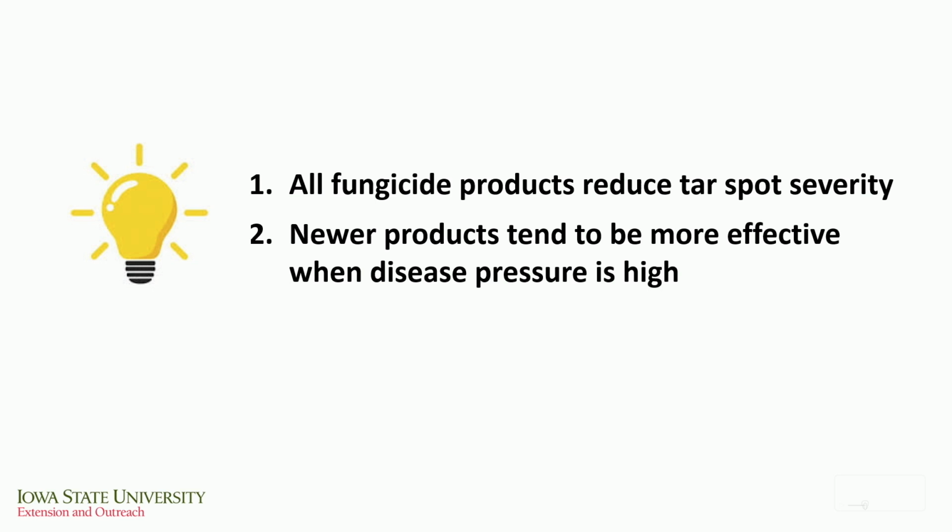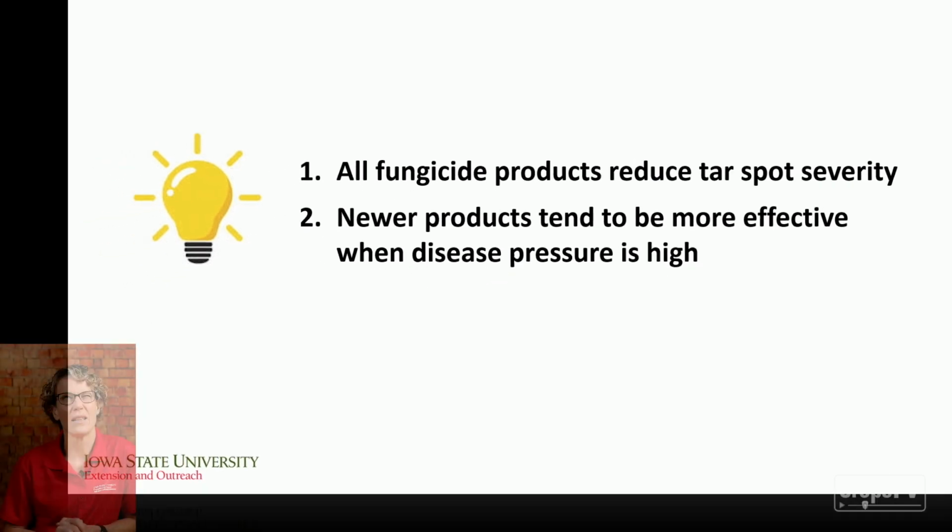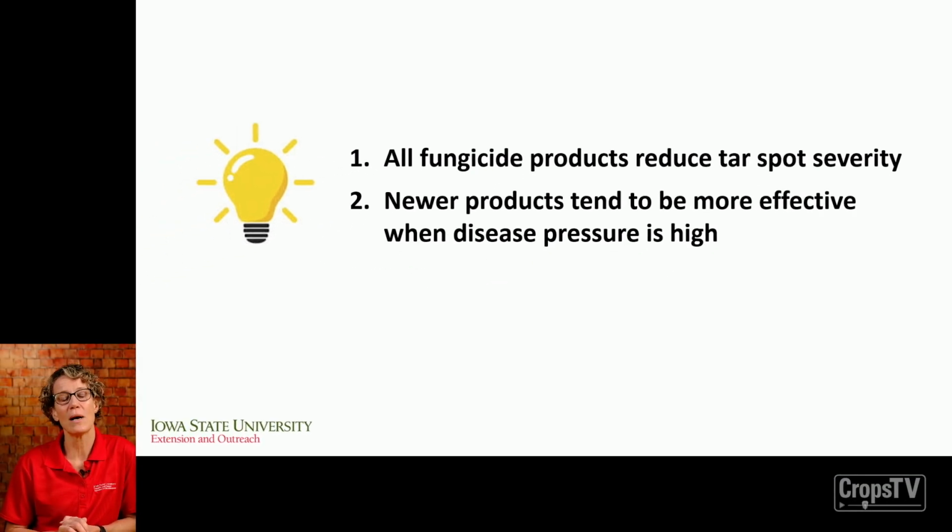And so I know from the 2021 data that Darcy shared at the Corn Disease Working Group meeting last week, which would have been the second week of December, that once again, it is looking like those newer products are more effective at controlling disease under high tar spot severity. So when disease severity is a little lower, we can probably get away with one of those older, cheaper products.